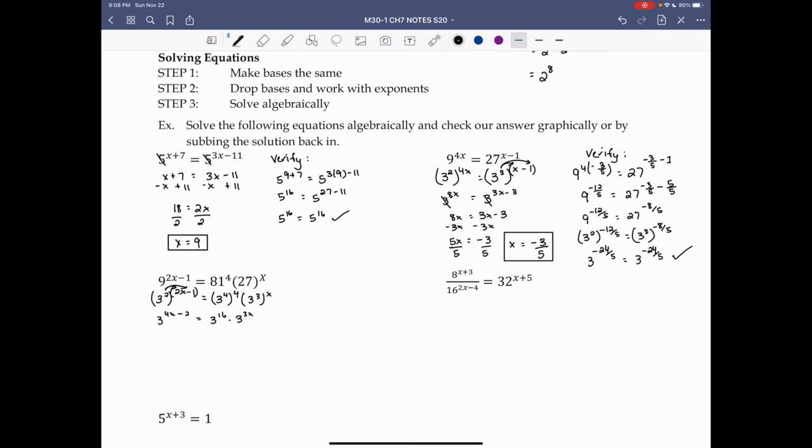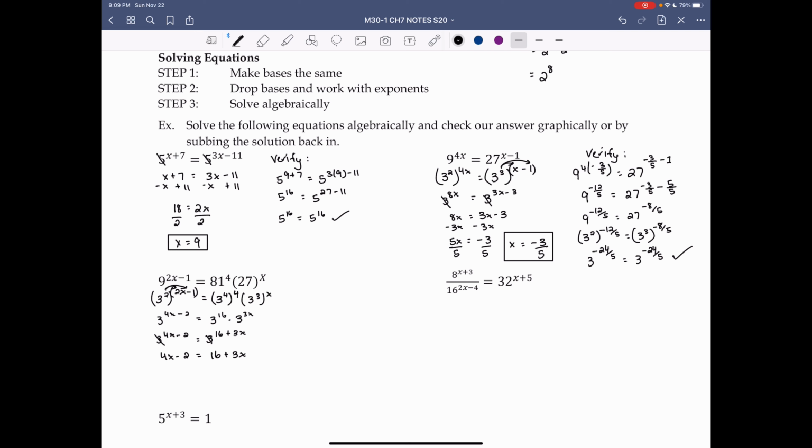Then we get 3 to the power of 4x minus 2 equals 3 to the power of 16 times 3 to the power of 3x. We add those exponents, so 3 to the power of 16 plus 3x. Now we can drop the bases since we have the same base on each side and just look at the exponents. 4x minus 2 has to equal 16 plus 3x.